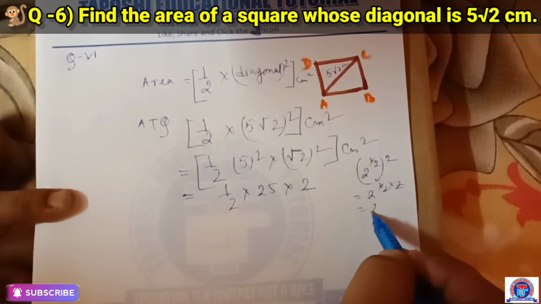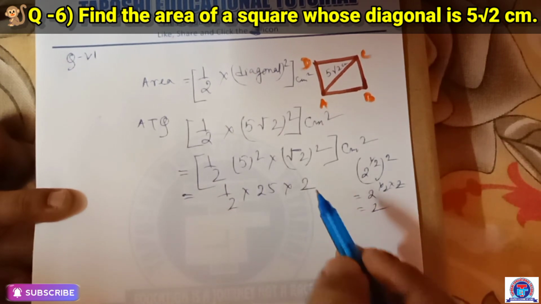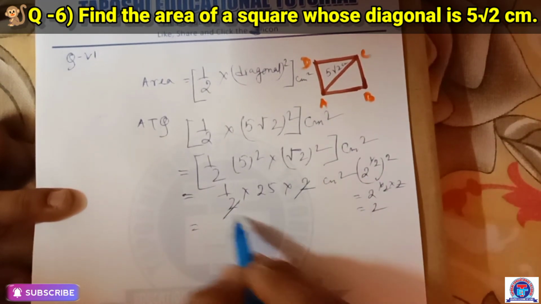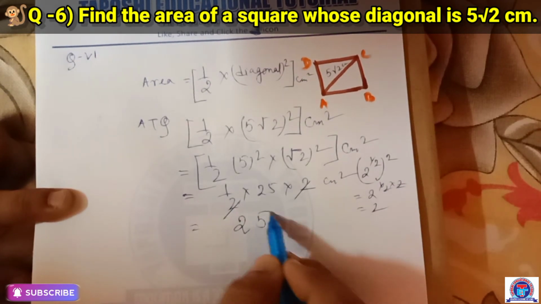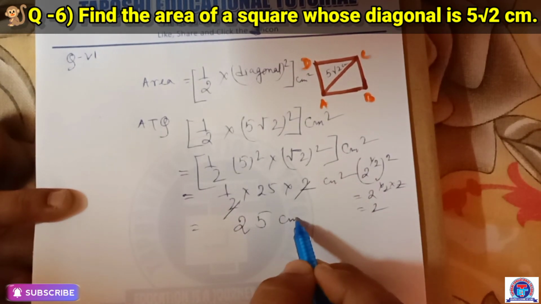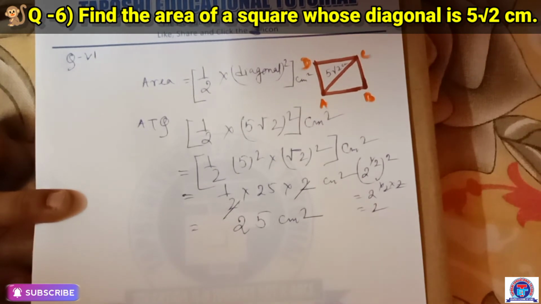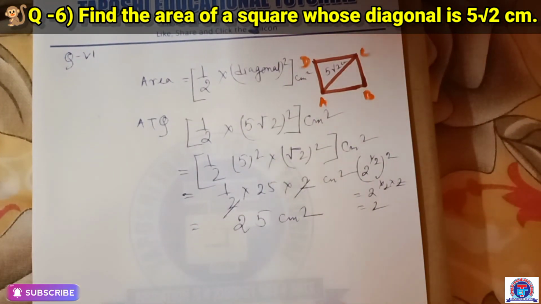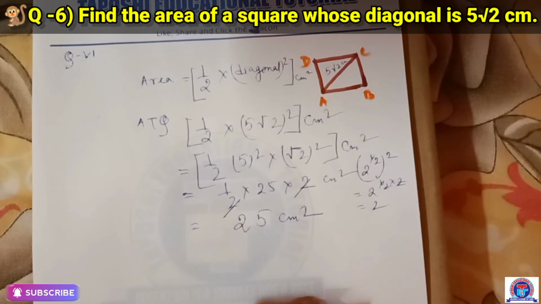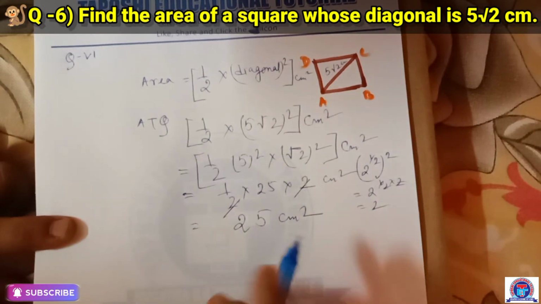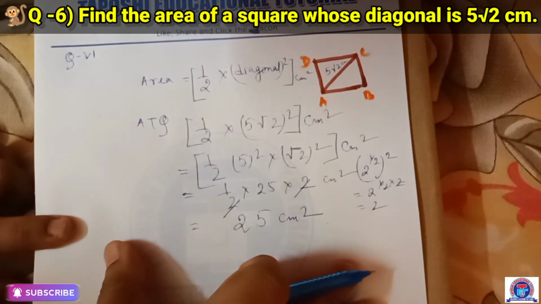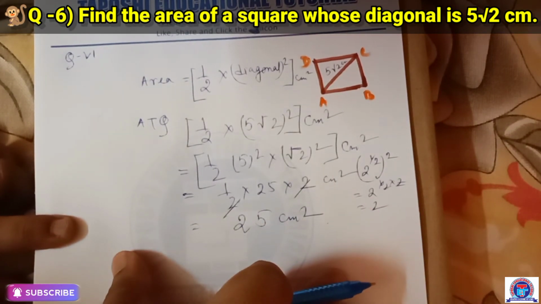This one cancels, it becomes 2. Now 2 cancels, it will become 25 centimeter square. Right, student? So the area of the square whose diagonal is 5 root 2 centimeter is 25 centimeter square. I hope you clearly understood this mathematics problem.